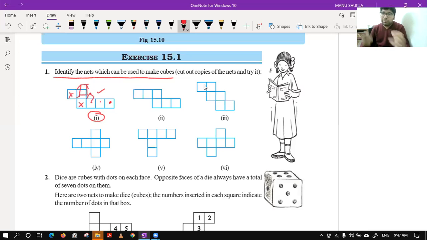Class, I am able to visualize this thing, but you can do one thing. You can actually cut a paper and you can draw this thing. Okay, so again, we see how I'm working on it. In my case, I am folding this like this. So this one I have used on this surface. This one I have used on this surface.